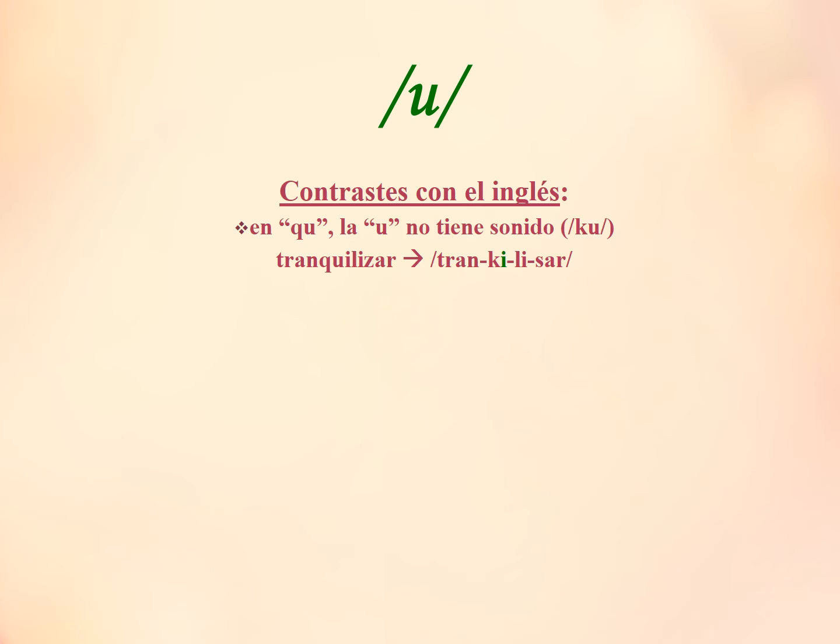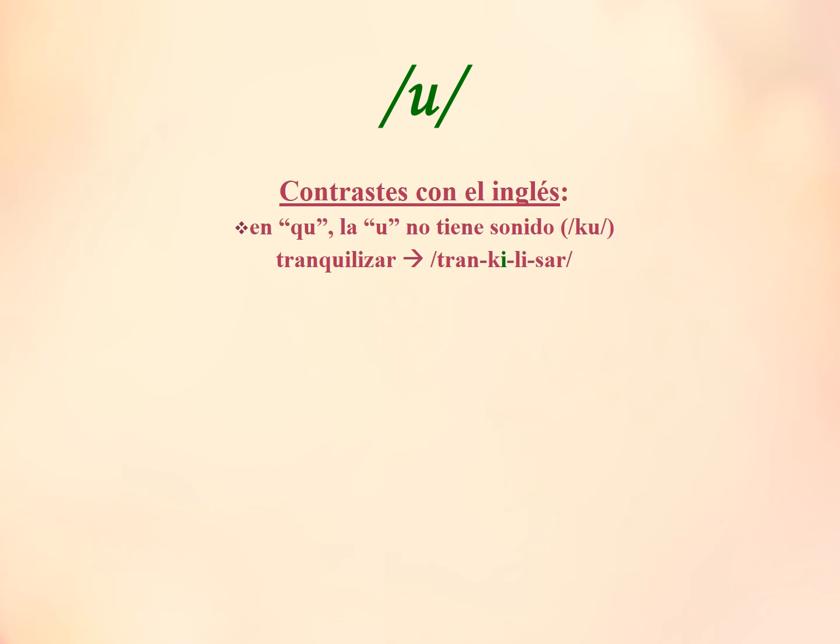Finally, our last vowel sound, U. Some problems that you might encounter as an English speaker or when you're teaching English speakers is if you have a Q, U, you want to understand that that U, in this case, doesn't make any sound at all. All it's doing is hanging out with the letter Q. So tranquil, quill, you can hear the U and the I in there, but we don't want it here.